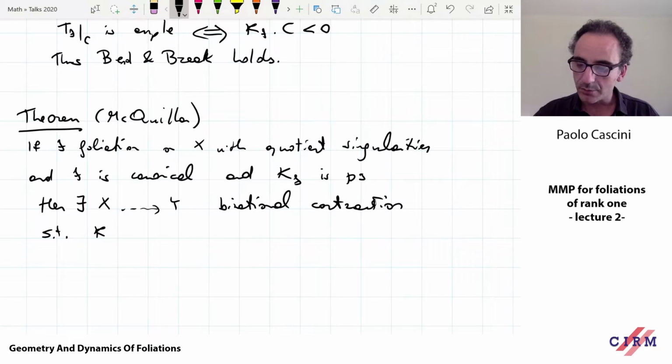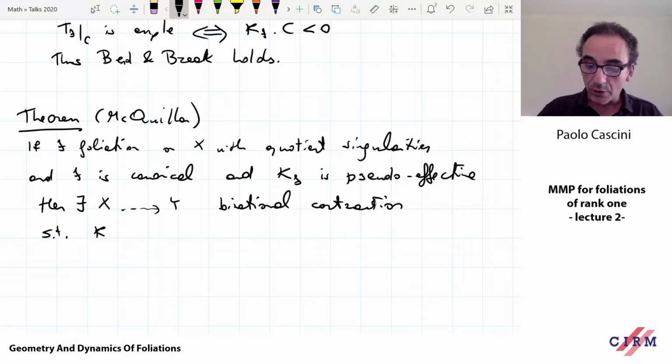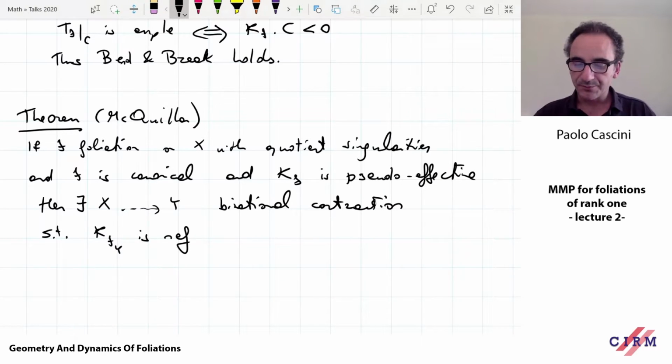Otherwise, there is no hope to find a minimal model. So this means, I think it was explained before, that a perturbation of K_F is big, so such that the induced foliation on Y has nef canonical divisor.